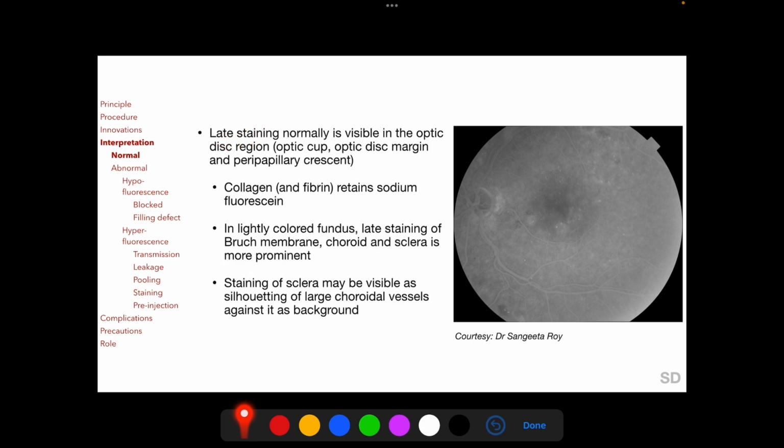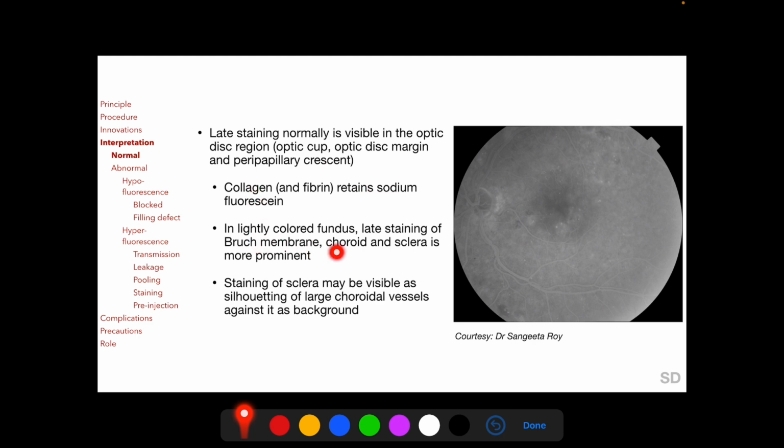Late staining is normally visible in the optic disc region because the optic disc is not covered by the retinal pigment epithelium, and late staining is typically observed in the optic cup, the optic disc margin and the peripapillary crescent. In these areas, the sclera is visible and the sclera contains abundant collagen which retains sodium fluorescein.